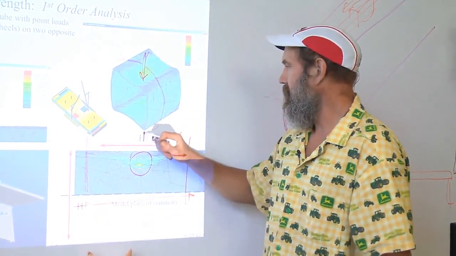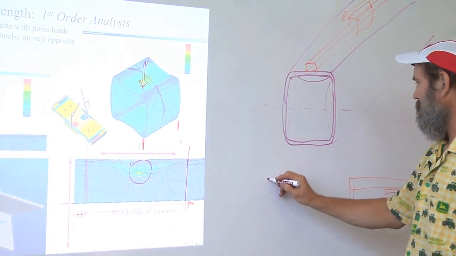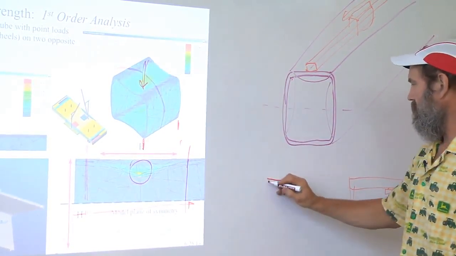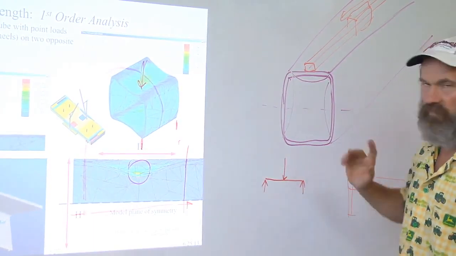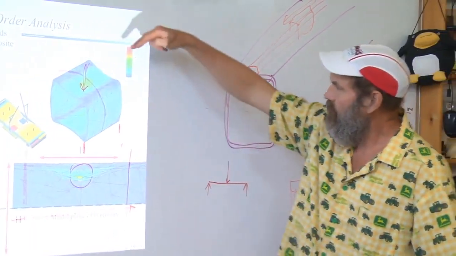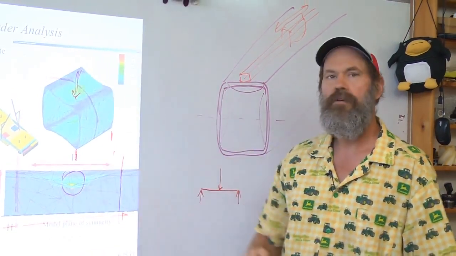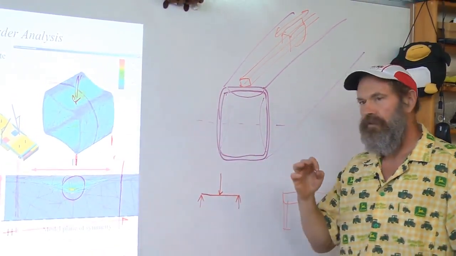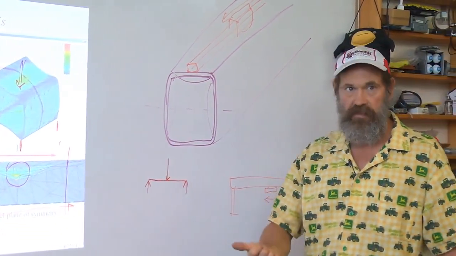I can take a section of 1 characteristic dimension, treat it as a beam that is simply supported, put a point force in it, and now get very, very close to what the actual deformation is going to be, this magnitude.